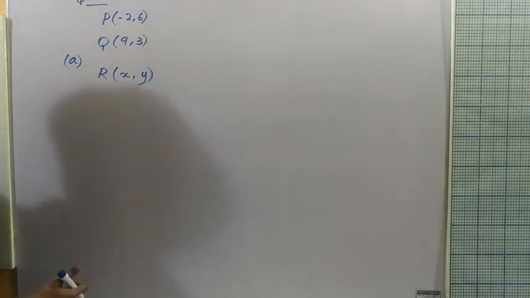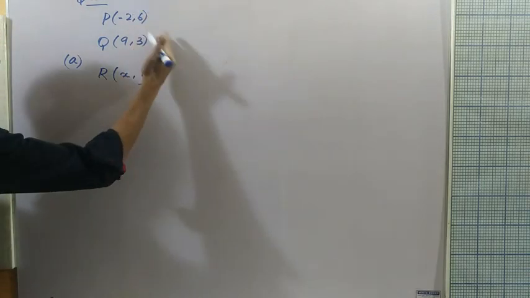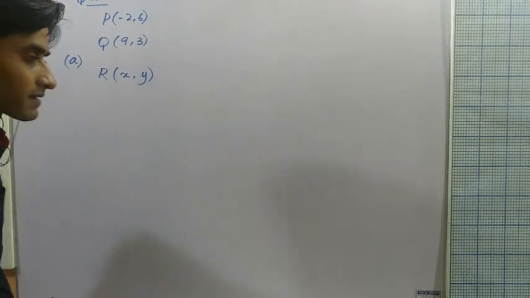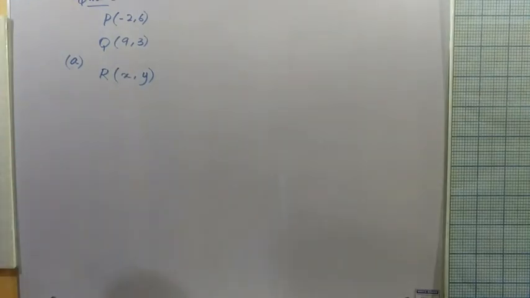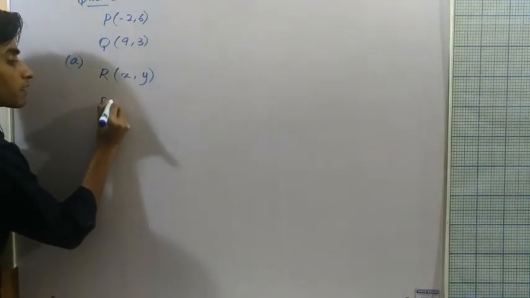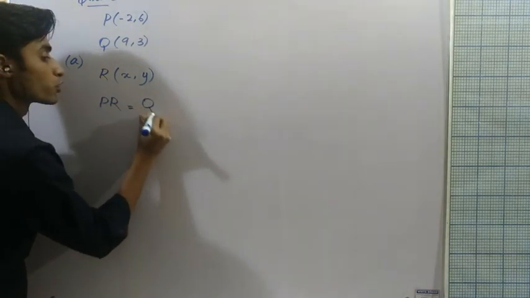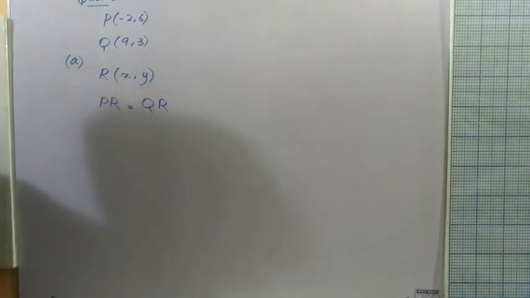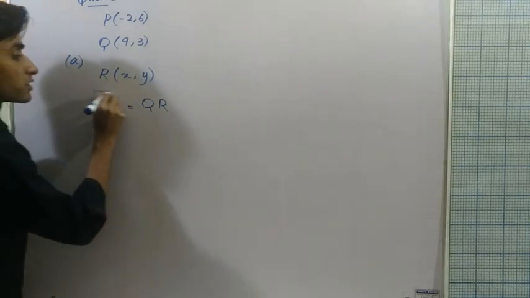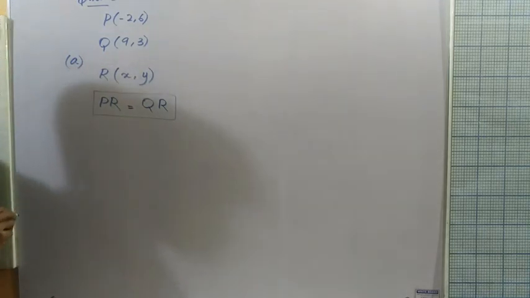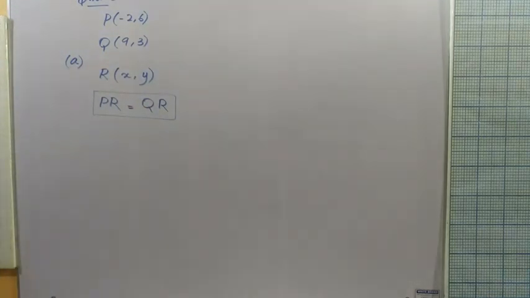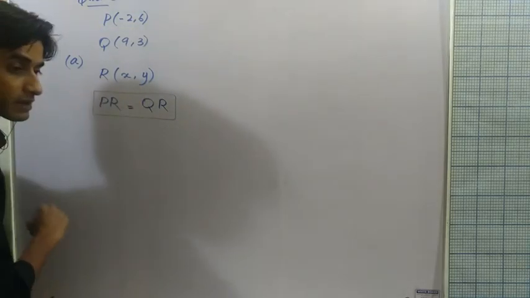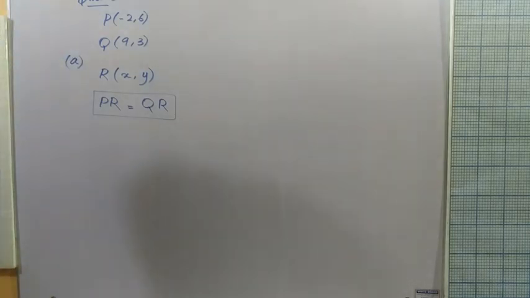The question has clearly mentioned that there is a point P, there is a point Q, there is a point R on y-axis, and you have to find out the value of R when PR is equal to QR. You can use this relation to form just one equation. So, if you are just given one condition to form an equation, you cannot find the value of R if it contains two variables. So, there comes a very important instruction.